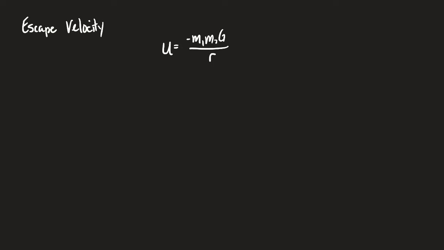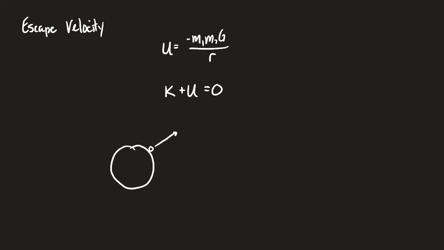The idea here is that if you are on a planet and you give an object kinetic energy, and you want that object to reach the place where it will have zero energy, that threshold where we know the Earth no longer acts on it, then the sum of the kinetic energy plus the potential energy has to equal zero.